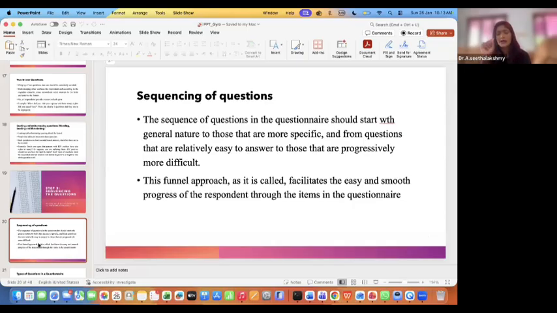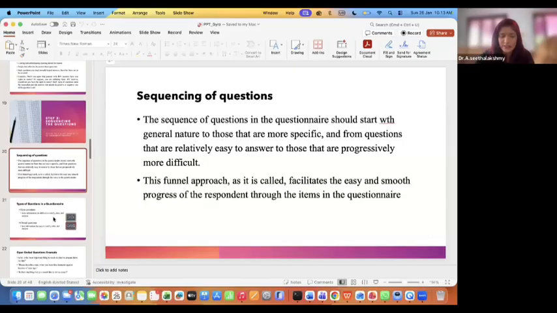That is, it should be easy and smooth, which will keep people interested. Whenever we do anything in our day to day life or personal life, we start with the easiest one. Rare are those who start with the difficult one. So easy and smooth should be the items arranged in the questionnaire.